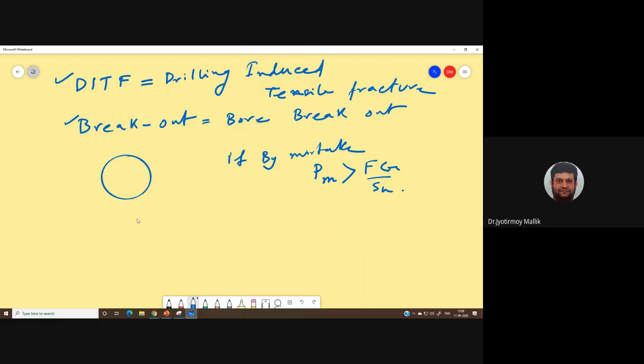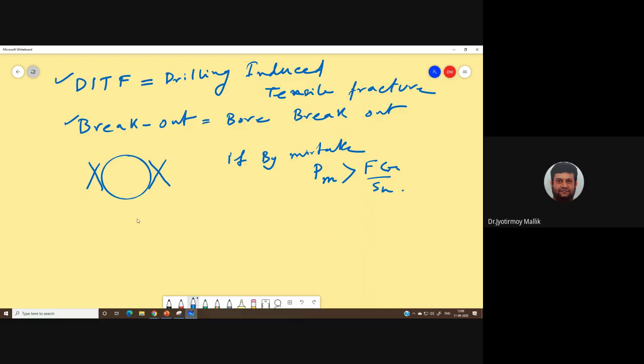Okay, one are shear fractures. Shear fractures generally occur as conjugate fractures. Okay, so two sets of fractures.